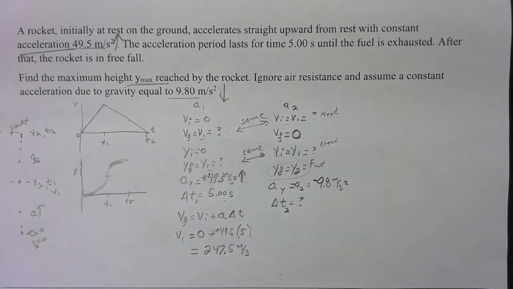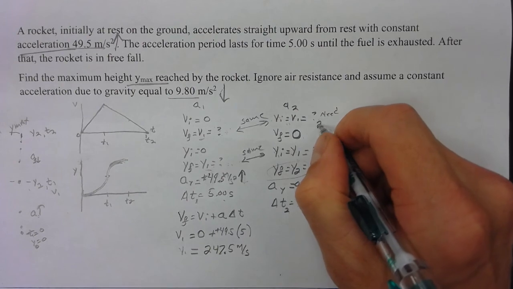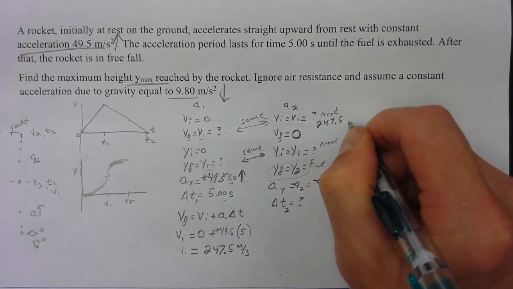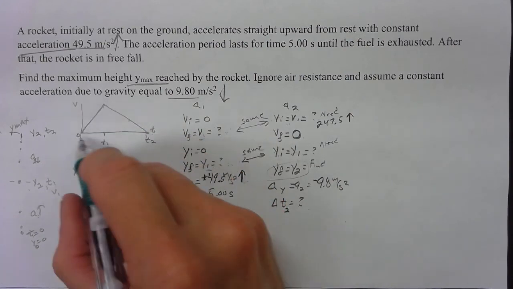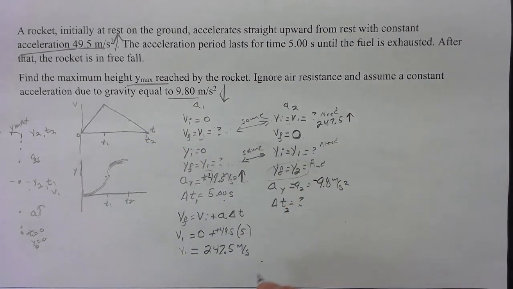And now I've got to find the y. I found v1: 247.5, and it's up. That makes sense. It's moving up the entire time, so that's a positive number.